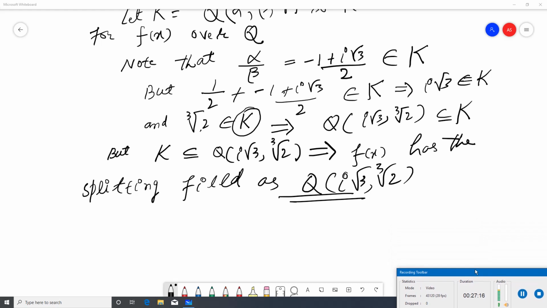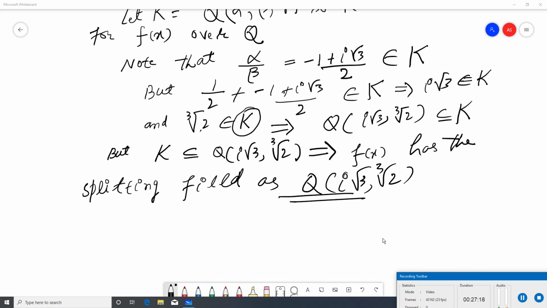If you see these two examples, what is the degree of extension of this K over Q?